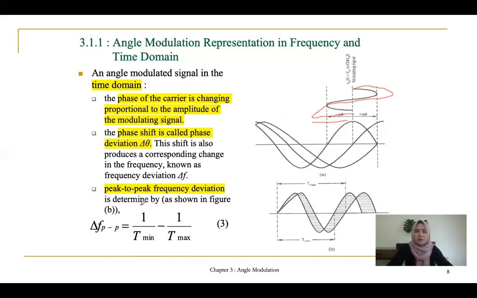So T min is from this to this, and T max is from this point to this point, one cycle. You can use this formula to get the peak to peak frequency deviation.